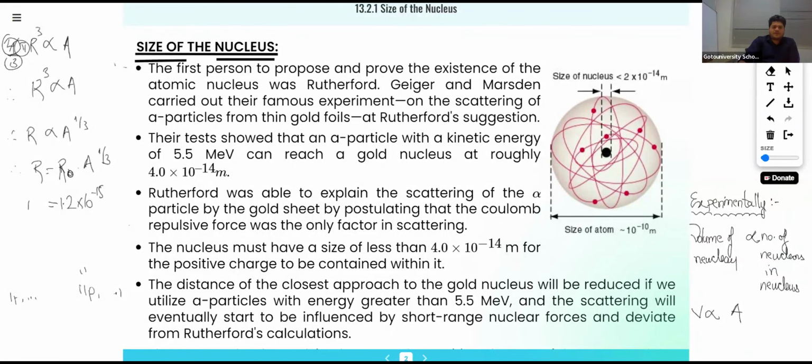So what about R? This will be equal to 1.2 into 10 raised to minus 15 A raised to 1 upon 3.